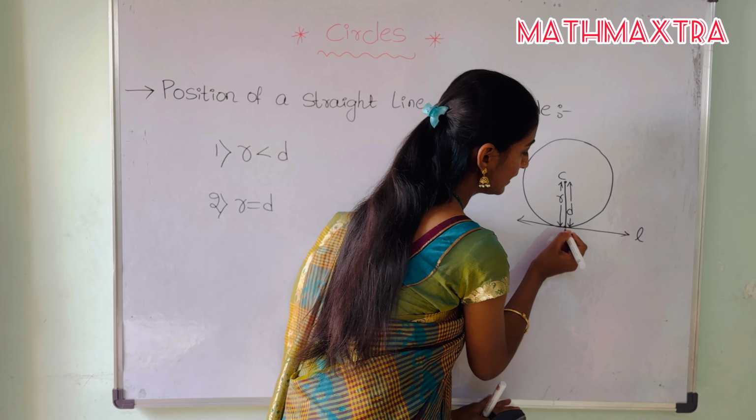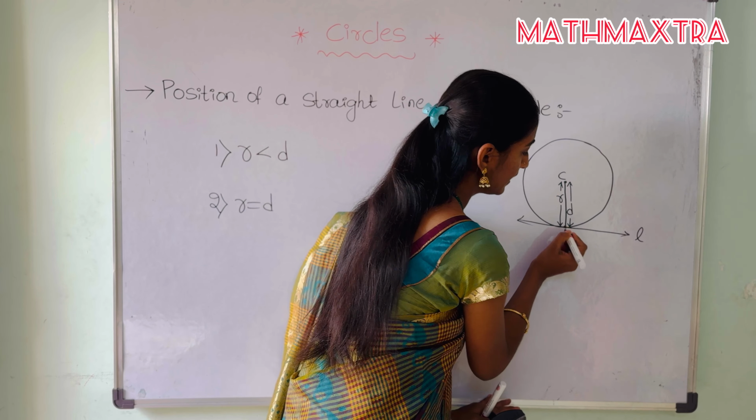And when you move to the third case, which is nothing but R is greater than D, what happens if R is greater than D? If this is the line, the distance between the center and this line is D. This radius R is greater than the distance between the center and the line.